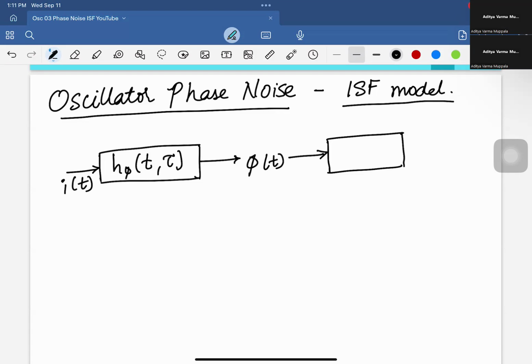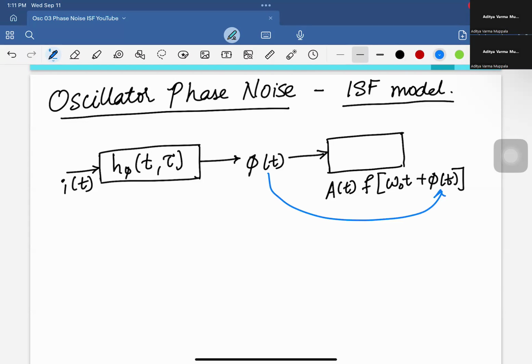which was based on the kind of oscillator you have, f of omega naught t plus phi of t, right? So this one goes in there, and that finally gives you the output voltage V out of t, right?